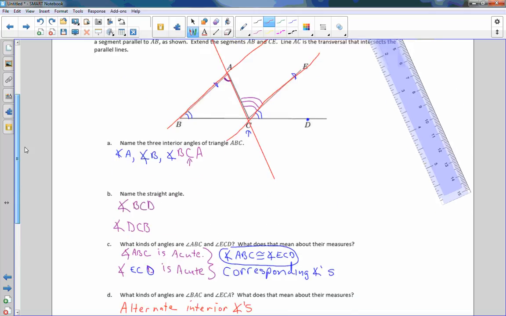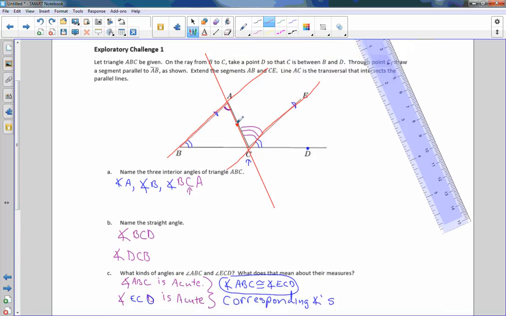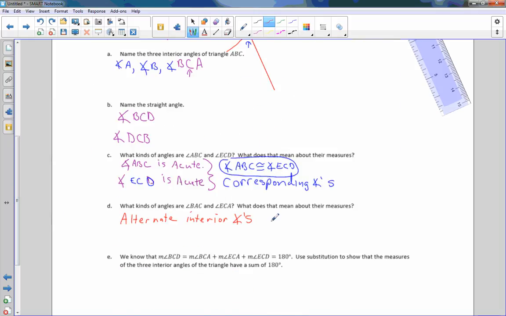Well, if I were to put a dot right here and rotate this angle around that dot, it would end up here on a 180-degree rotation, and rotations preserve angle measures, so therefore the measure of angle BAC is equal to the measure of angle ECA.